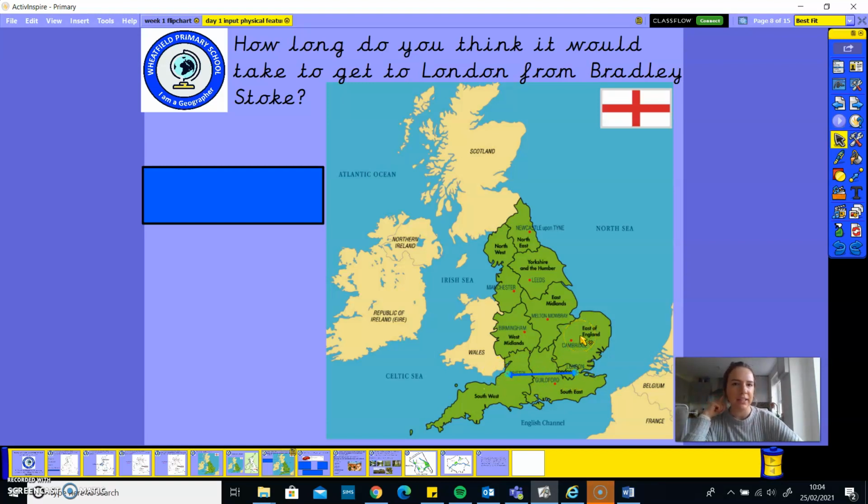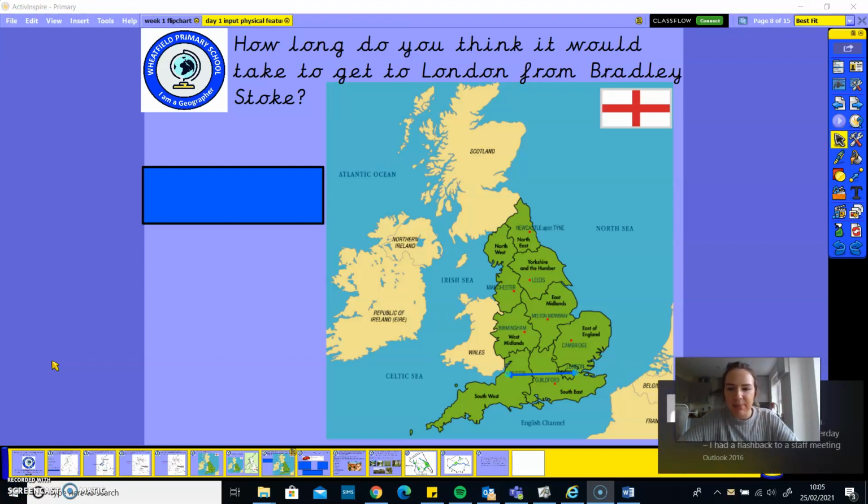How long do you think it would take you in a car, so we would drive in the car, to get from Bradley Stoke to London? How long do you think that would take? Okay, let's see if you guessed right. Did you think it would take more than 1 hour? More than 2 hours?